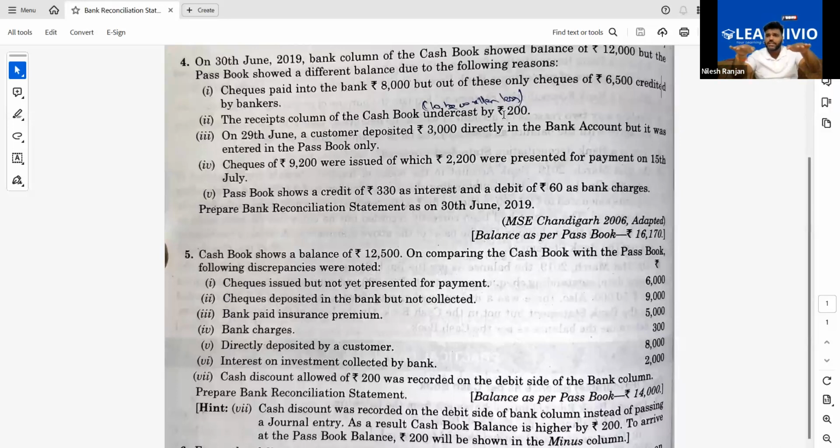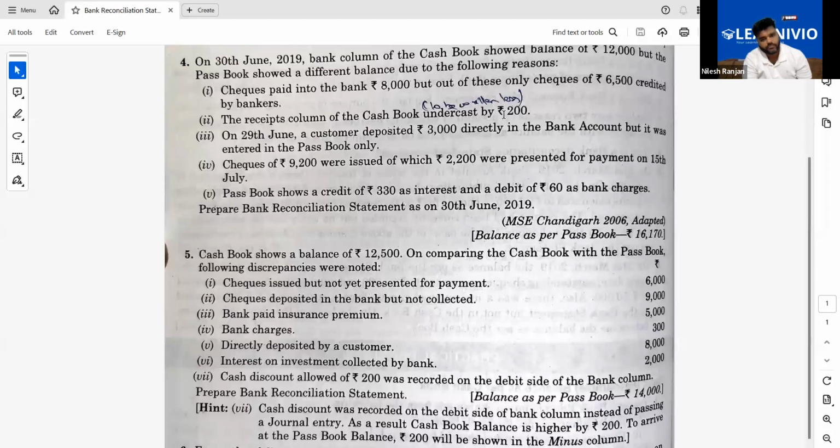So if you deposit a check of 8,000 in the bank, then where will the entry be recorded, in the cash book or the passbook? I'm saying that if you deposit the check into the bank, where is the impact? Cash book or passbook? Who is depositing the check?